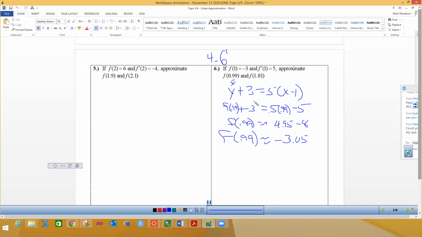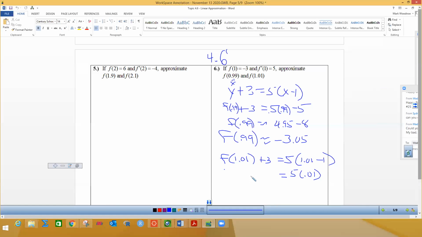And then we're going to do the exact same thing to estimate 1.01. So I'm going to do f of 1.01, and then go back up here to use my tangent line. So f of 1.01 plus 3 is going to equal 5 times 1.01 minus 1. So this is 5 times 0.01. I'm going to go ahead and subtract the 3 over now.